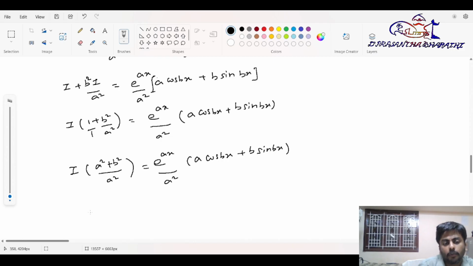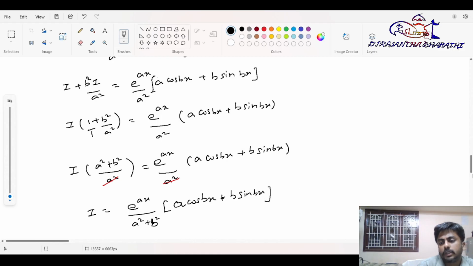Now we want I, so both these a square get cancelled. You will get I equal to e power ax divided by a square plus b square into a cos bx plus b sin bx.